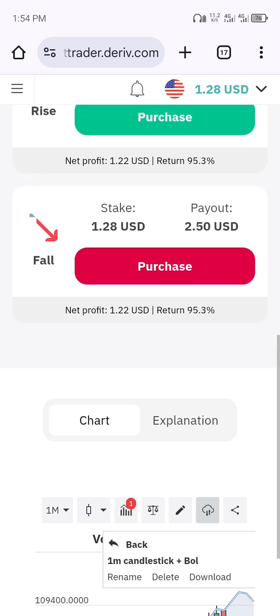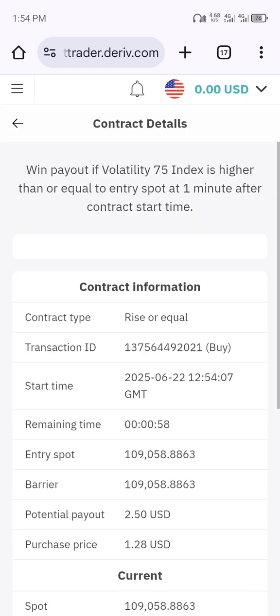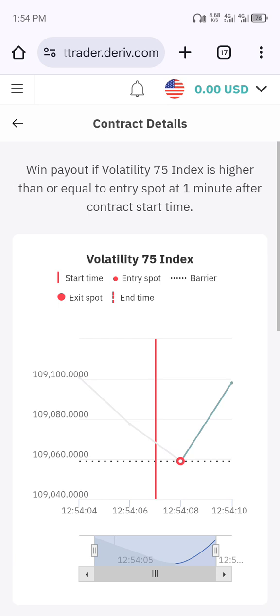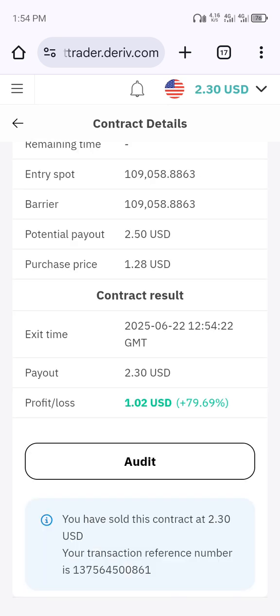Okay, I see a signal here and I place it. Let's see. If I see 90 cents, I will close this trade. I've seen 80, I've seen 90, and I'm able to close it at $1.02.